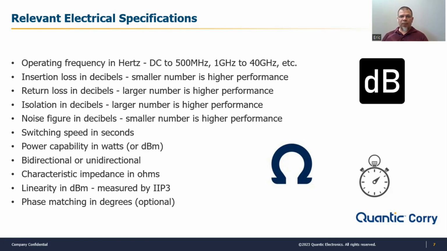Then having a much lower insertion loss would be of greater advantage there. Then the return loss, how well matched is your device under test or test equipment? How well matched is that to your switch matrix?